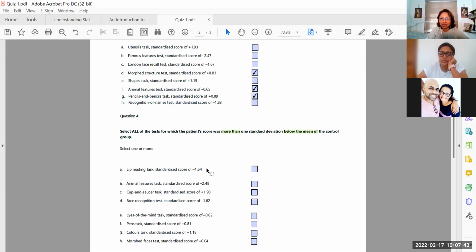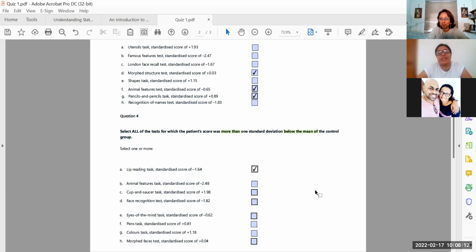So lip reading task minus 1.64, yes or no? Yes, it's more than one standard deviation below the mean. Minus 2.48? Isn't it more than one standard deviation below the mean? It's -2, so yes.